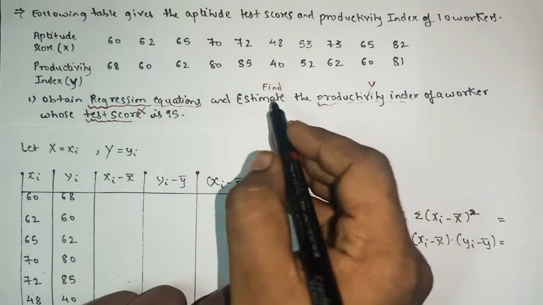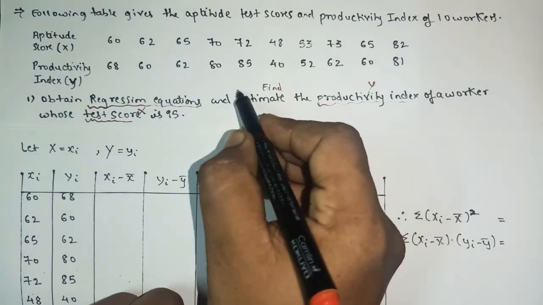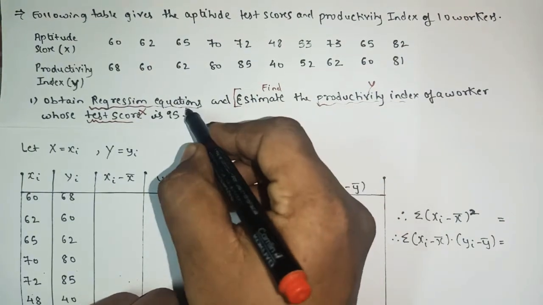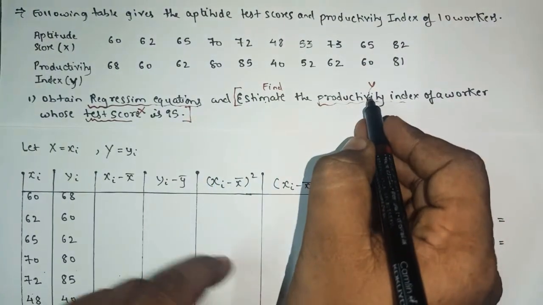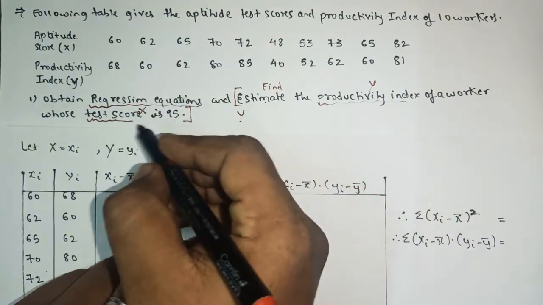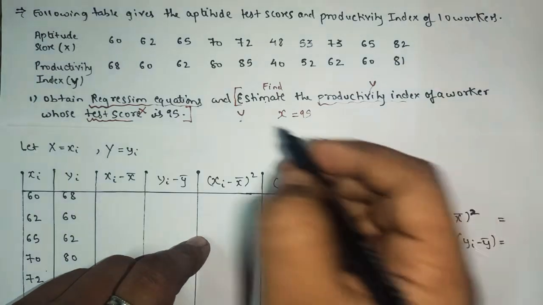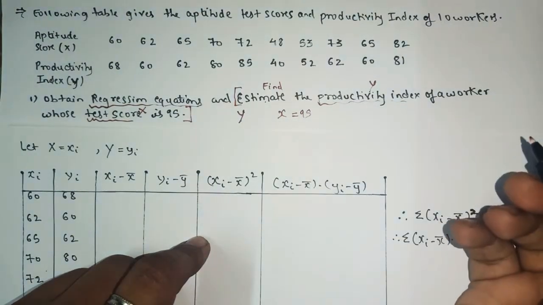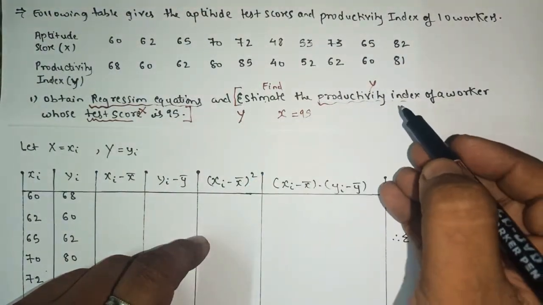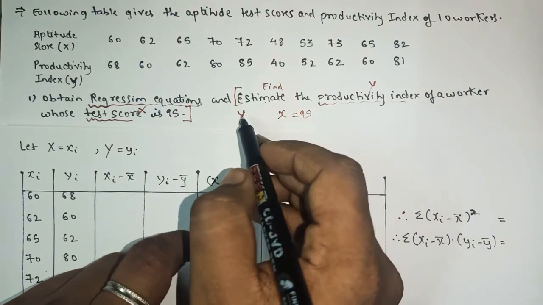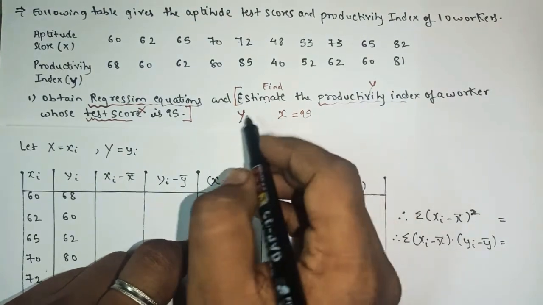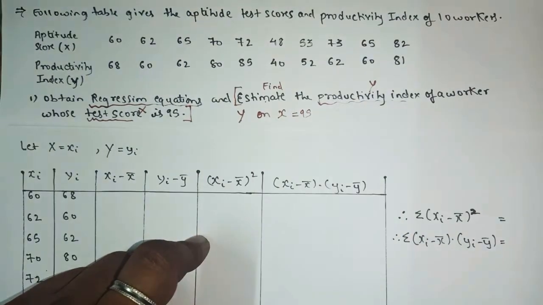So the meaning of the sentence is that we have to find y when x is 95. From this, if you want to find y and x is given, it is y on x.